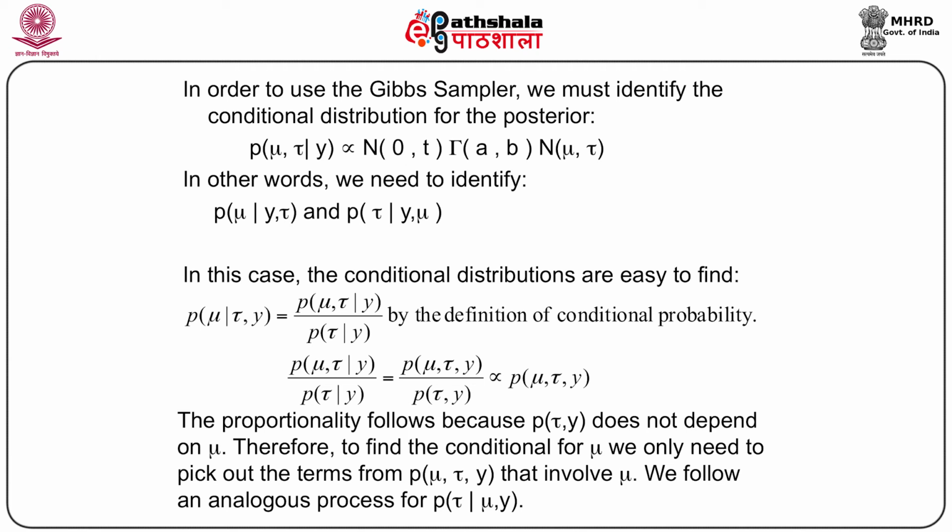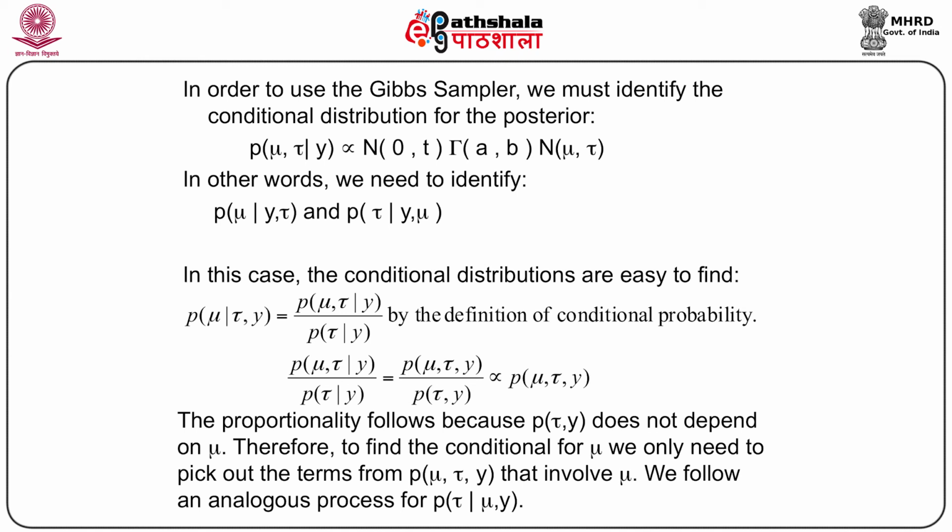In this case, the conditional distributions are easy to find. By definition, P(mu | tau, y) is equal to P(mu, tau | y) divided by P(tau | y), which will be proportional to P(mu, tau, y). The proportionality follows because P(tau | y) does not depend on mu.